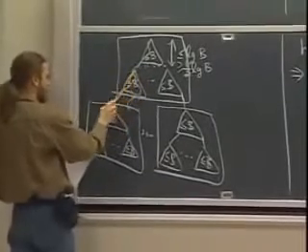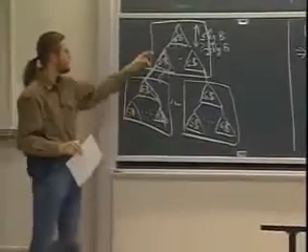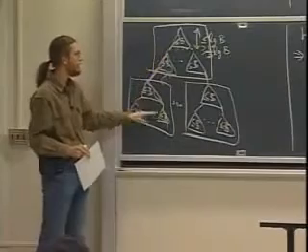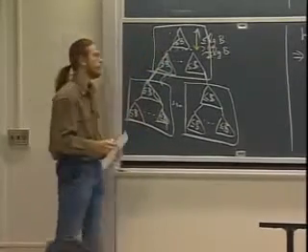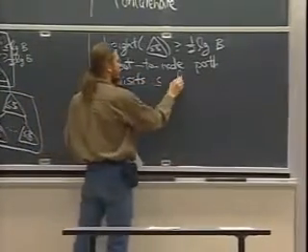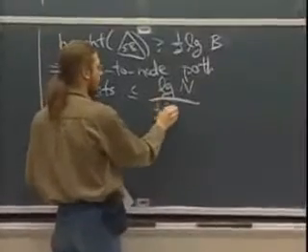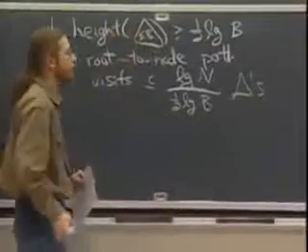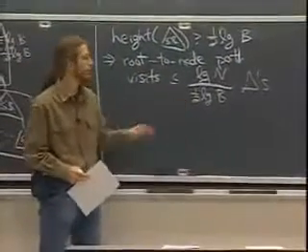Maybe I should have drawn it going down here. We visit through some of these triangles, but it's a root to node path in the tree. So how many of the triangles could it visit? Well, the height of the tree divided by the height of one of the triangles. So this visits at most log n over half log b triangles, which looks good. This is log base b of n, modulo a factor of 2.